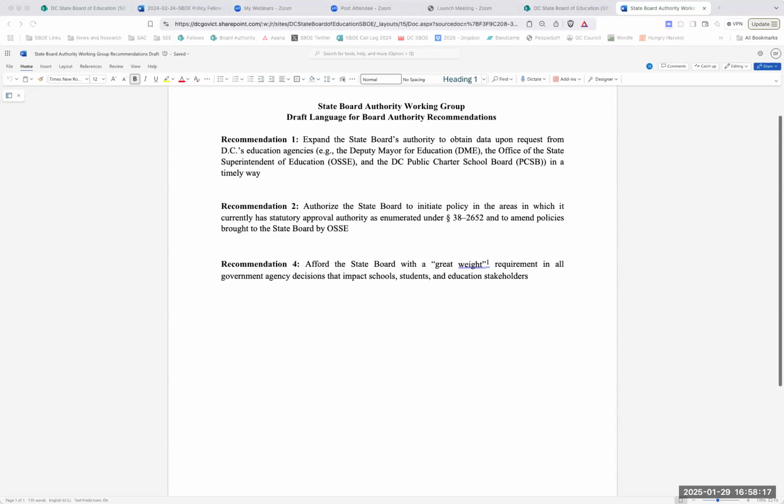So it really does take away an ability if that were to happen. And if I could go back to the first point, now I'm forgetting what the first point was. The initiating policy.